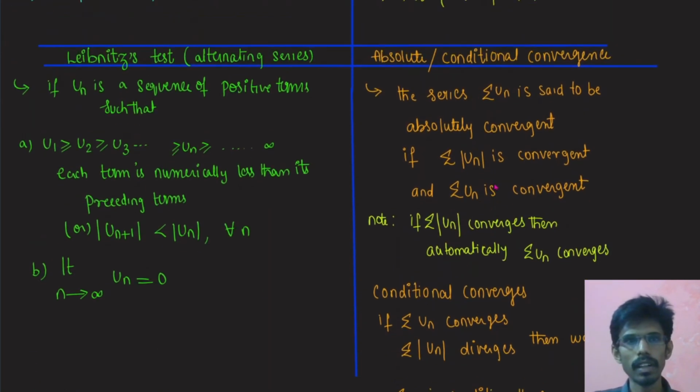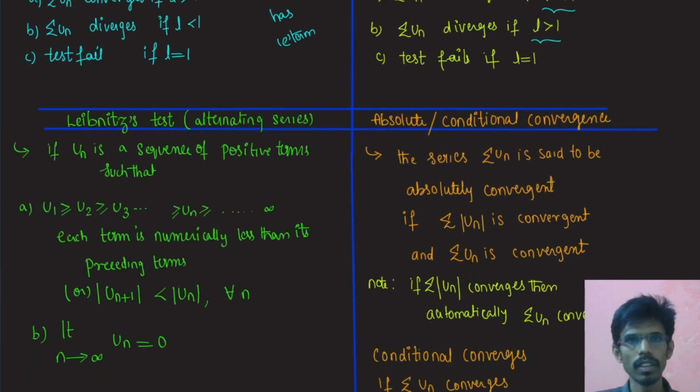Now the next is the 7th test, that is the Leibniz test. This test is for alternating series. Alternating series means positive term, negative term, positive term, negative term, like that. So if un is a sequence of positive terms such that u1 is greater than u2, greater than u3, and so on, it means the first term is greater than the next term, the second term is greater than the third term.